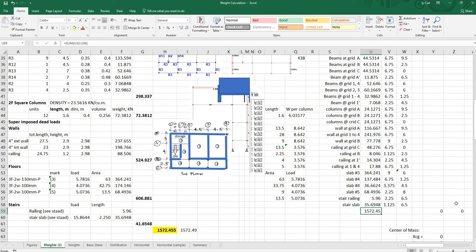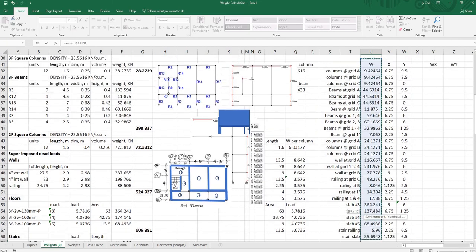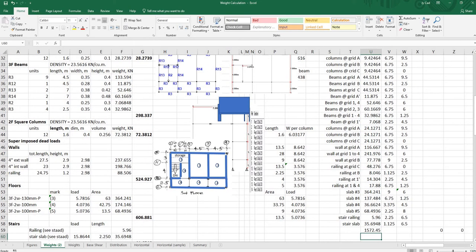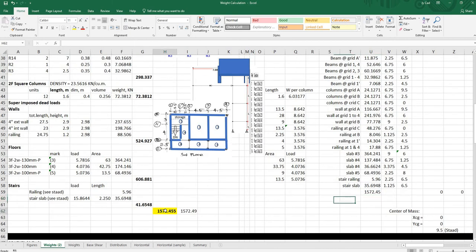So finally, let's check the weight of the stairs, railing plus slab, which will give you 41.65. Ayan, parehas. And then finally, let's check the overall weight. Dapat parehas sila.